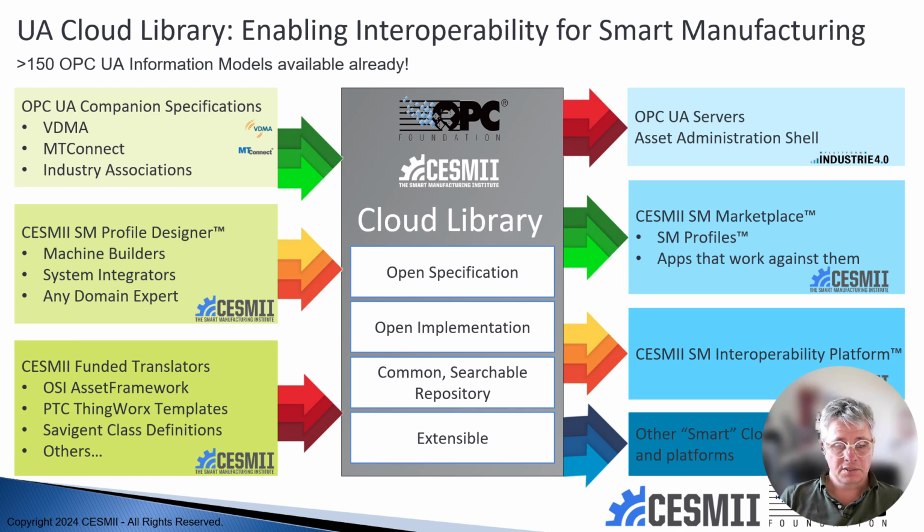So it's relatively straightforward to build such a profile. And SESMI also integrates things like OPC UA and the Asset Administration Shell with their profile designer. So it's super simple to then also export what you've just built in OPC UA and Asset Administration Shell format.